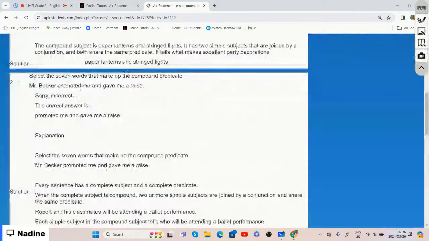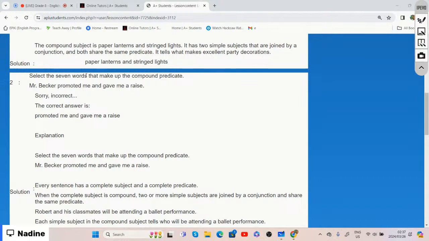Now, it says select the 7 words that make up the compound predicate. So, Mr. Baker promoted me and gave me a raise.